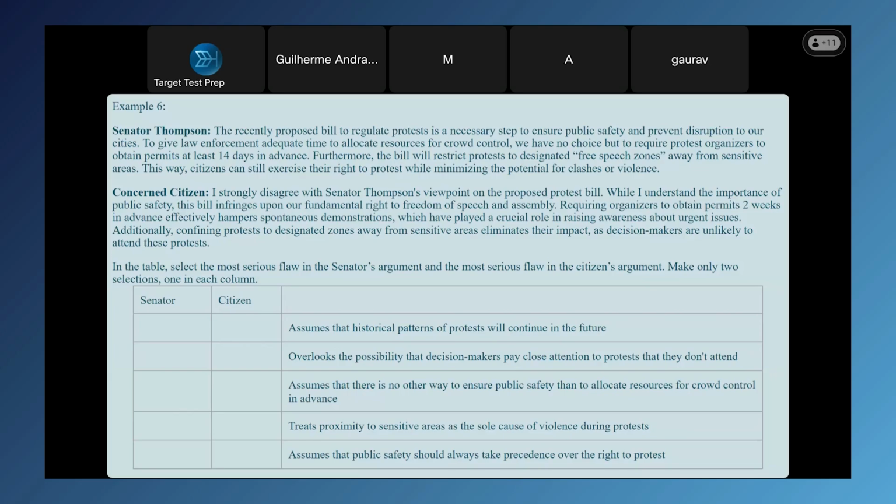Sorry, I oversold the surprise. The surprise is that there's some 2-part analysis questions in here. I overhyped it. It was just more work. Surprise. Yeah, not all surprises are good. Sometimes it's just more work. All right, any other questions?